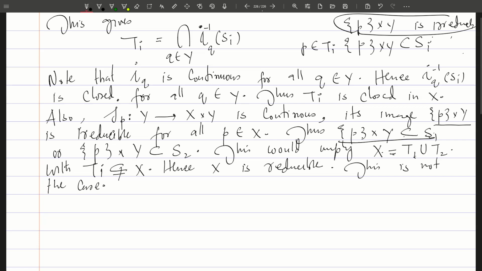Hence our assumption is wrong. So this would imply X times Y is an irreducible topological space.